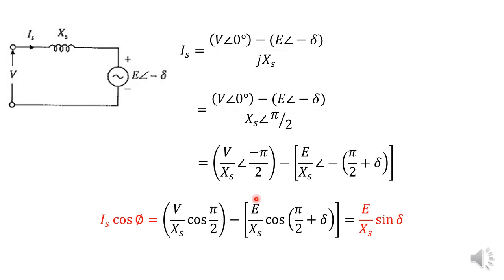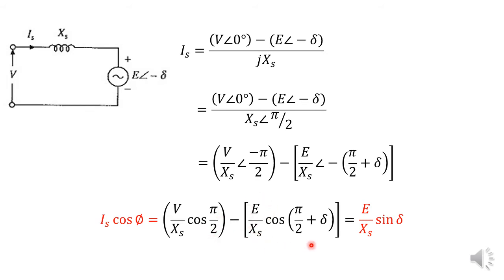Now the expression for Is cos phi. This is the expression for Is. So Is cos phi is the component of Is, so V by Xs cos pi by 2 minus E by Xs cos of pi by 2 plus delta. This component becomes 0 because cos pi by 2 is equal to 0.